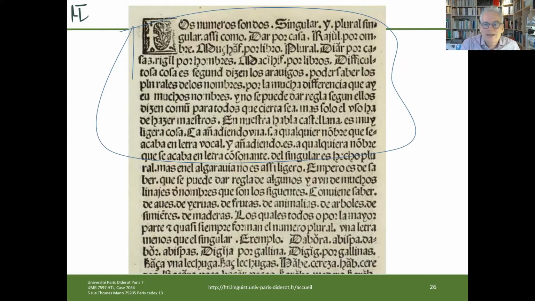So here you find again the word el uso, and after this you find y no se puede dar regla, según ellos dicen común para todos, que sea más solo el uso ha de hacer maestros. You will only be a master after el uso.